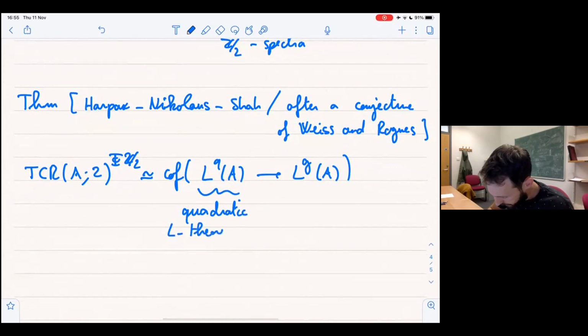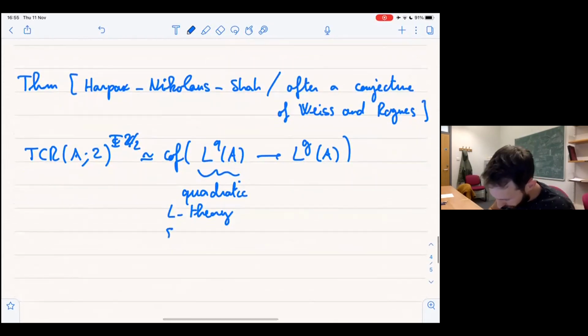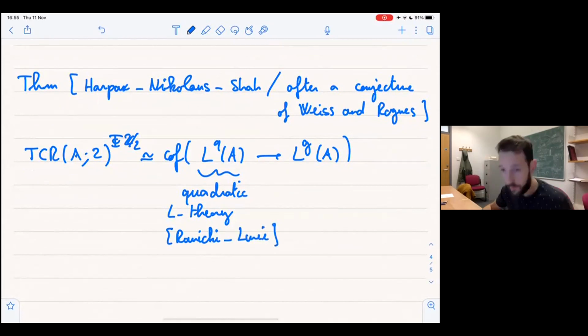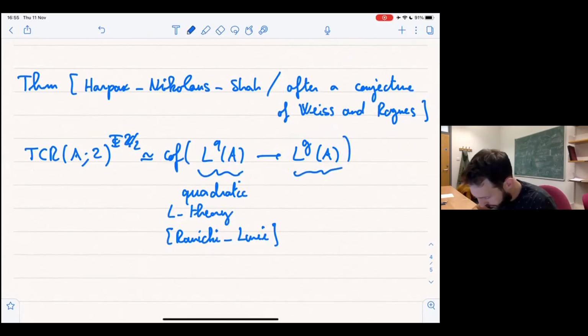As defined, well, if A is discrete, then this was defined by Ranicki, and then Lurie has extended this whole theory to ring spectra, and in fact, much more generally to what's called Poincaré infinity categories. And this one is the L theory of a different Poincaré category. So this is another flavor of L theory. It's called genuine L theory.